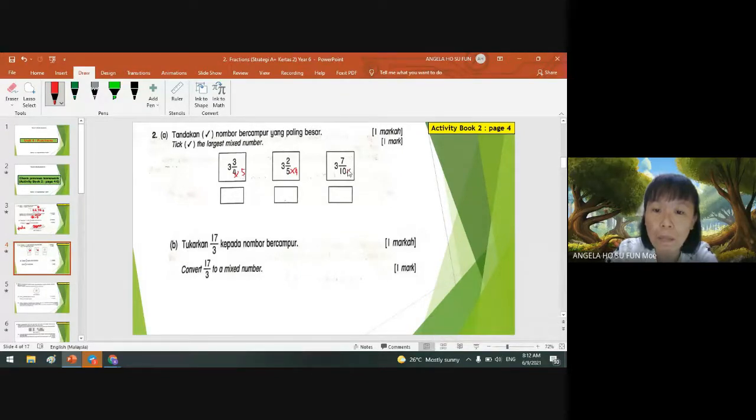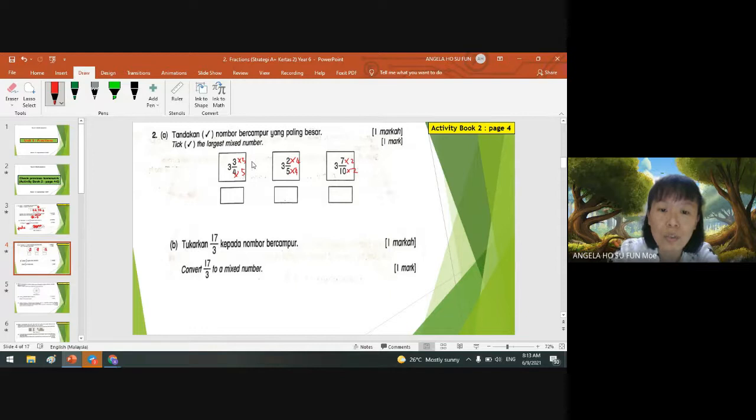If I multiply 10 by 2, I get 20 also. So bear in mind, if the denominator is multiplied by 5, the numerator also multiplies by 5. Here, the denominator multiplied by 4, the upper part also times 4. And here also times 2.